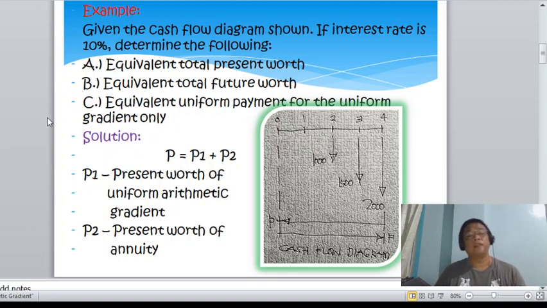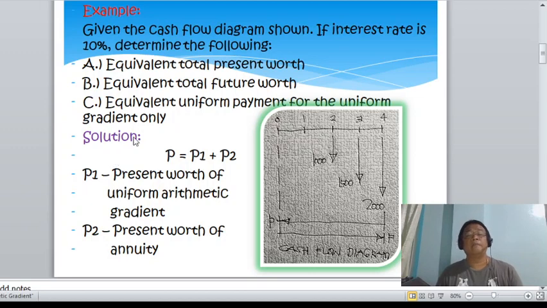P sub 1 represents the worth of the uniform arithmetic gradient. So meaning this is the difference between the amount from the first payment to the second payment. So that is the gradient. So take note, class, that the gradient here is uniform. Okay? And P sub 2 represents the worth of the annuity.